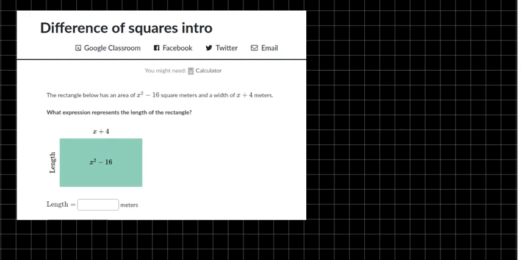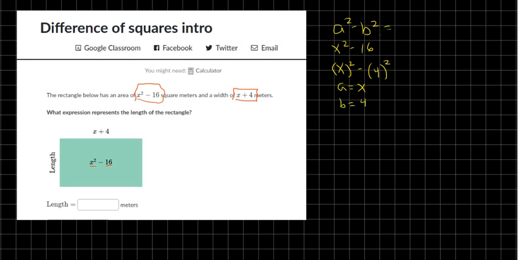We have a rectangle that has an area, and we know the width is x plus 4. So I can identify that this is of the form a squared minus b squared. And it's x squared minus 16, so I see that as x squared minus 4 squared. So my a is x and my b is 4.